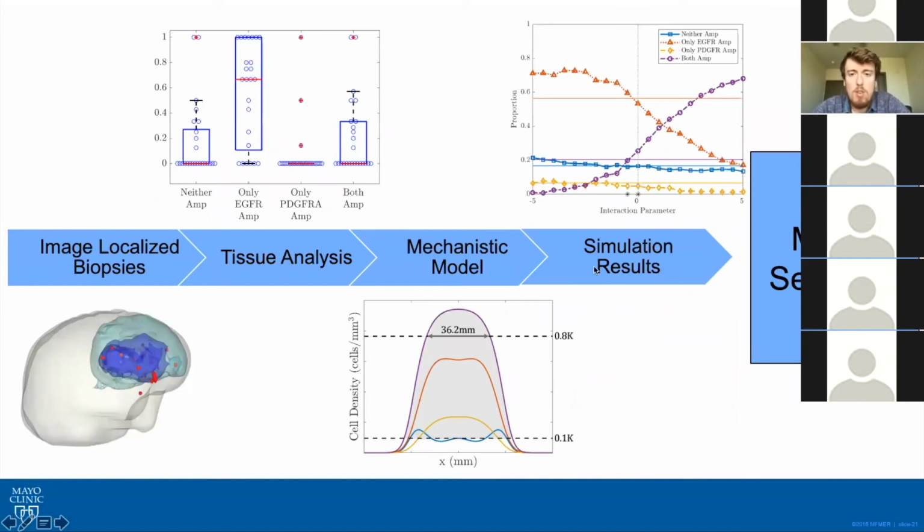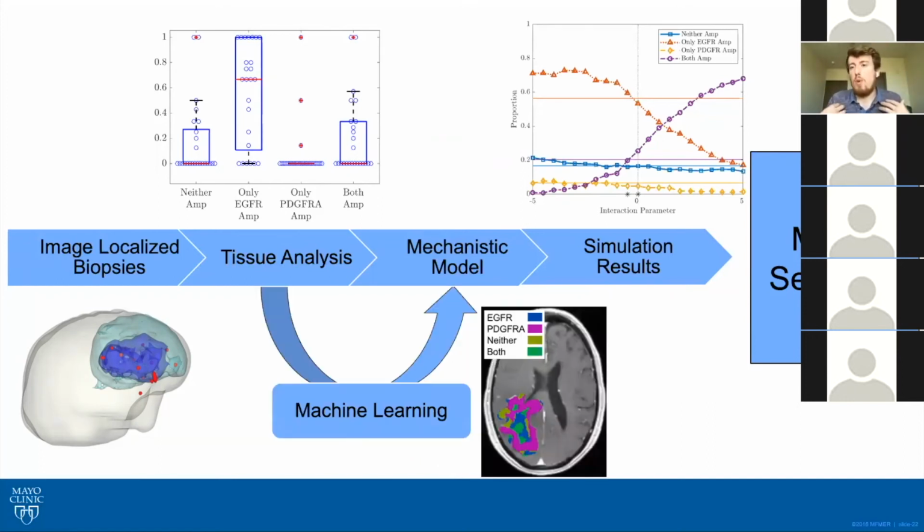So I've spoken so far about these 4 different aspects of this work that all lead together towards model selection. Model selection being, what is that alpha term? But I haven't spoken about machine learning, and that is a large aspect of this project, which is currently a little disjointed. But we want to connect these two together to try and really tease out what's going on the whole of the MRI.